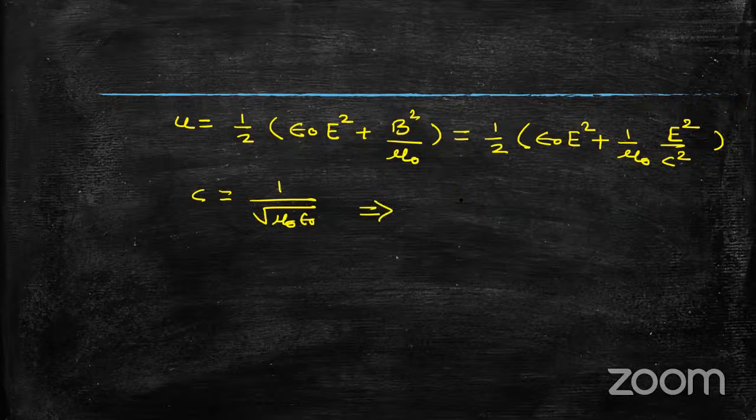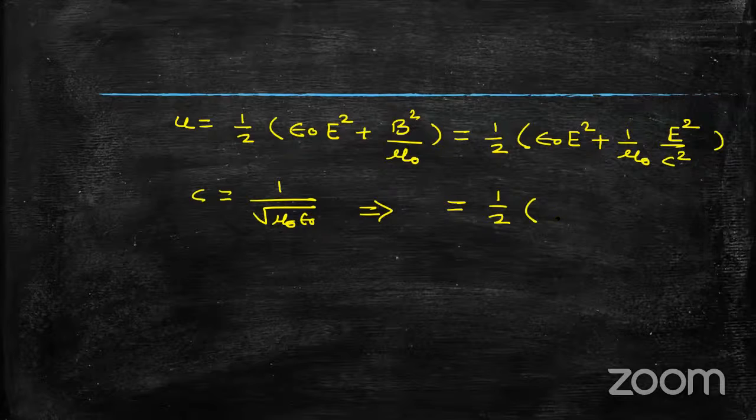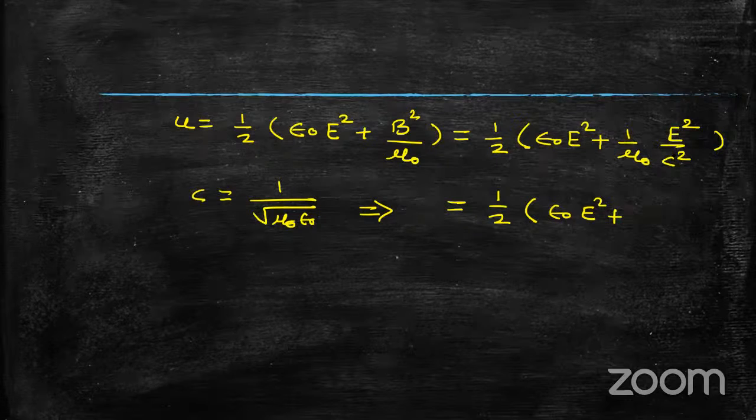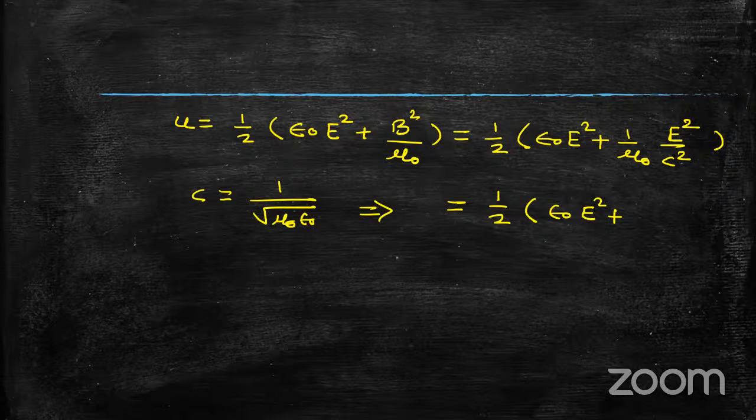So this expression is given by 1 by 2 epsilon 0 E square plus, mu 0 will cancel out. What remains is epsilon 0. 1 by C square is nothing but mu 0 epsilon 0. Mu 0 cancels out, and it also becomes epsilon 0 E square.